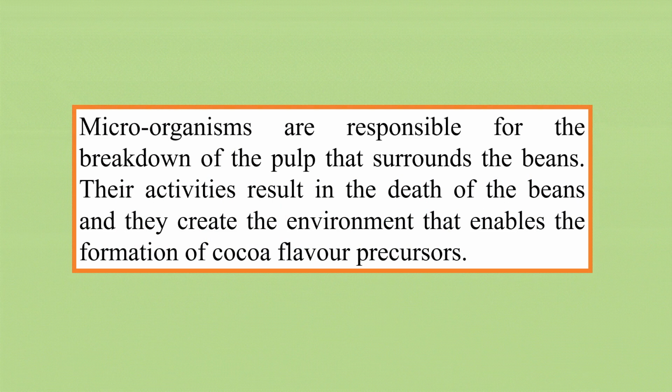Microorganisms are responsible for the breakdown of the pulp that surrounds the beans. Activities of the microorganisms result in the death of the beans, and they create the environment that enables the formation of the coca flavor precursors.